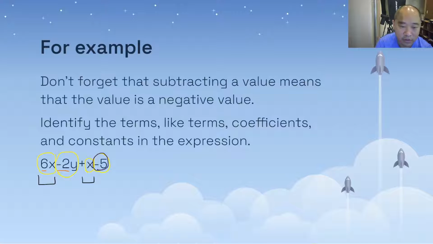All right, so when you're doing this in your homework, what you can do is just label them. What I mean by that is you would just write something like terms, and then you would write 6x, x, negative 2y, negative 5.